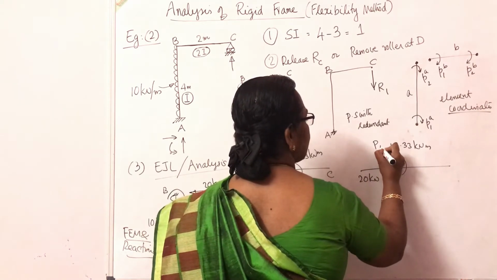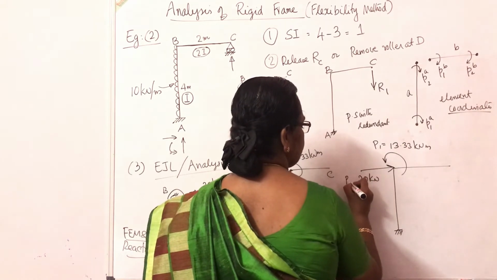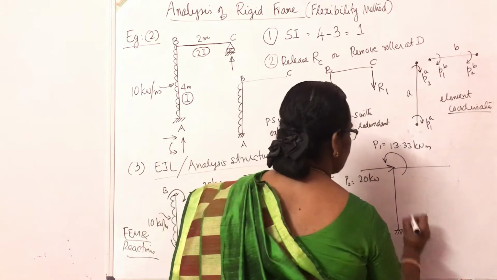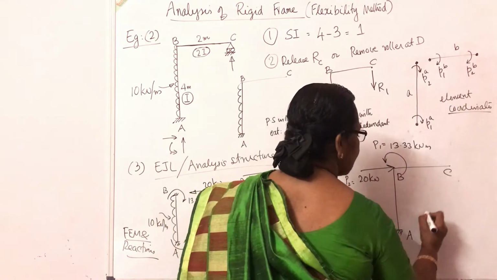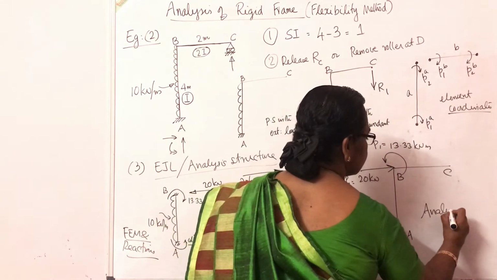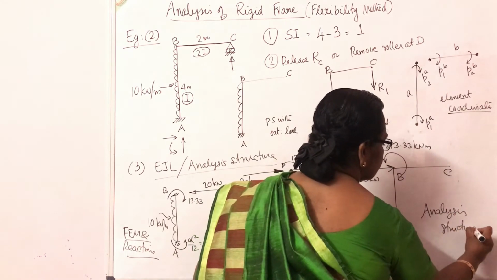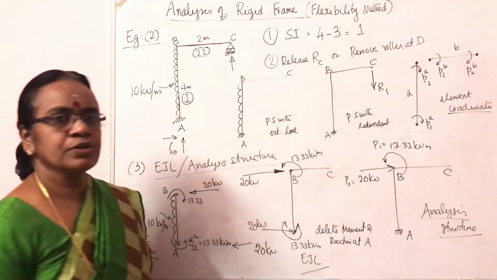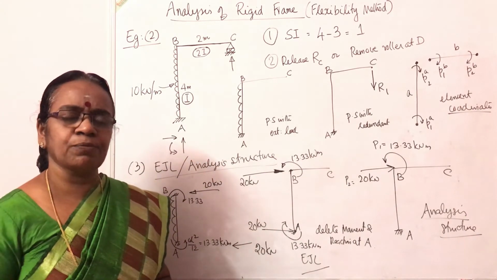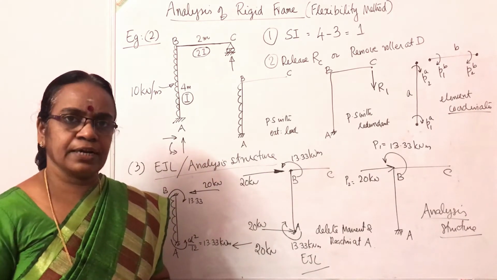I'll take this as P1, I'll take this as P2. So this is going to be the analysis structure, obtained after deleting the moment and reaction at the fixed end.